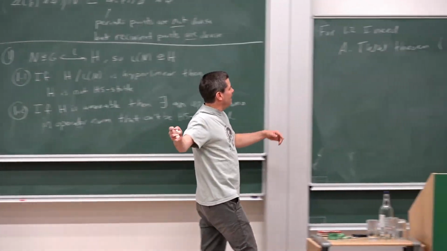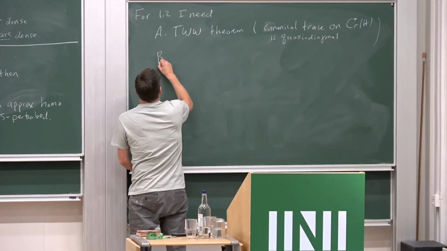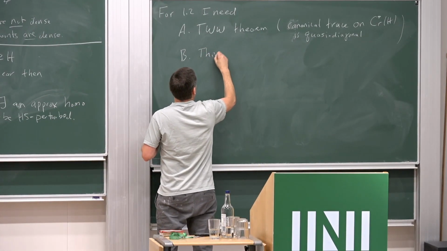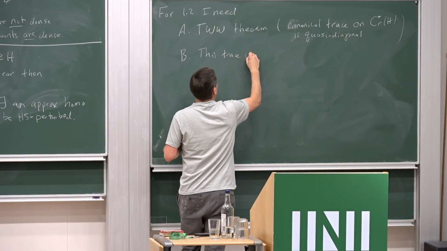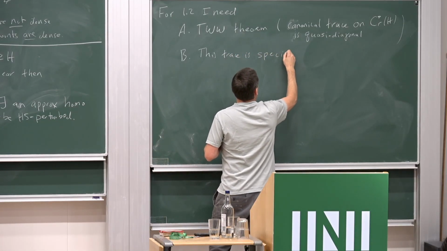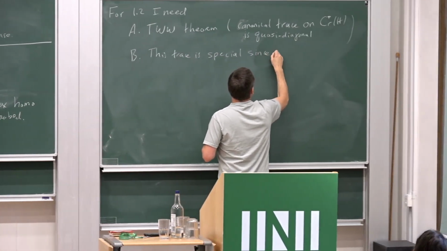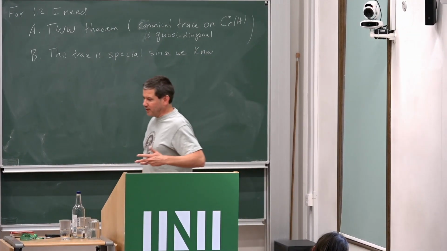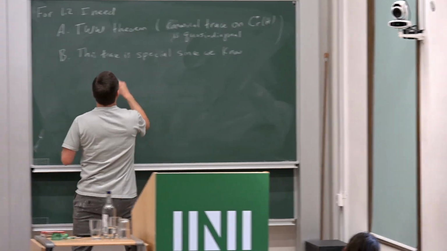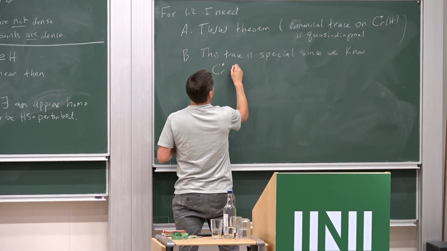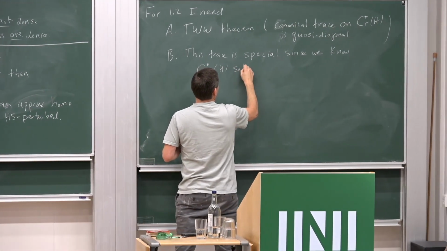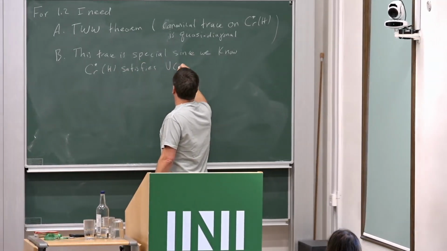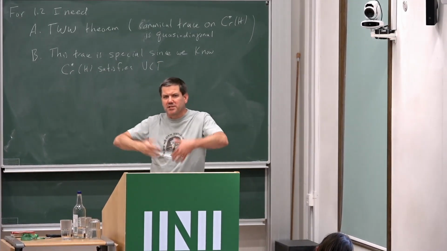And again, Alan's question, he said, what about any trace? Here I'm using a special fact about this special trace. We know, and it follows by work of Higson and Kasparov, that this satisfies the UCT, which I won't describe or say anything more about, but there's something extra going on in the background that prohibits us from extending this to just any old trace.